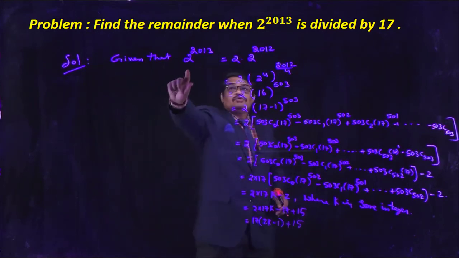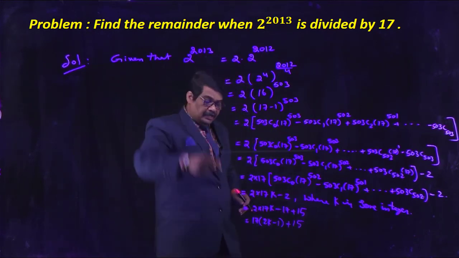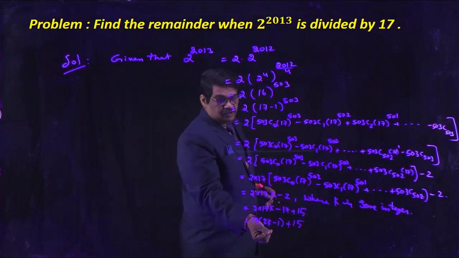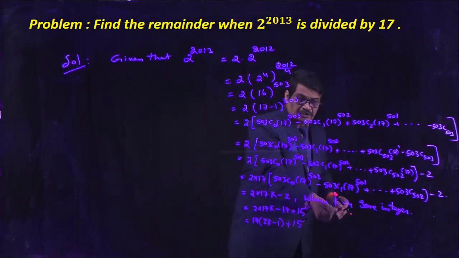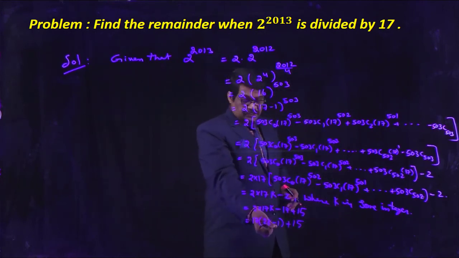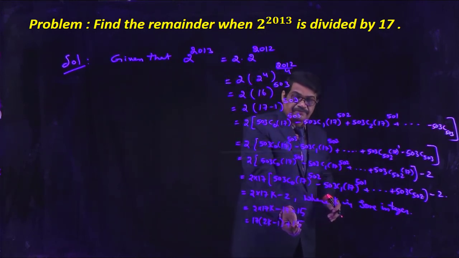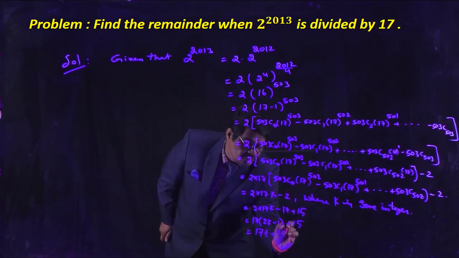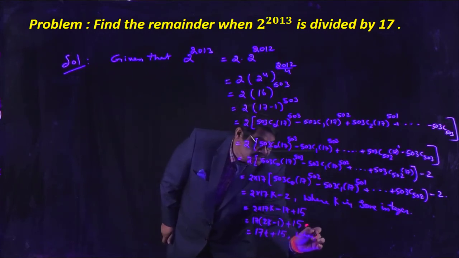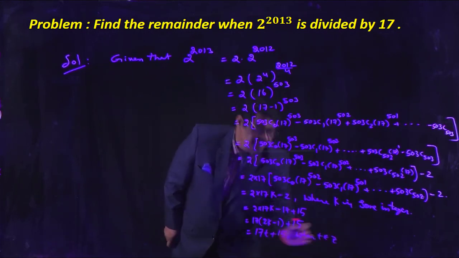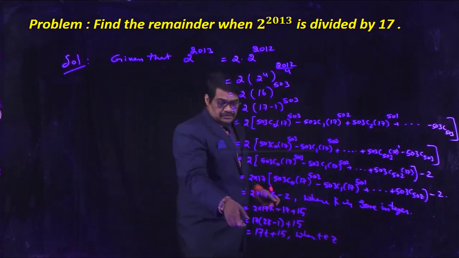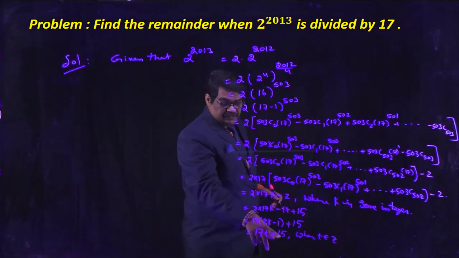So this 2 to the power of 2013 can be written as 17 into some integer, here 2k minus 1, where k is some integer, plus 15. That is 17t plus 15, where t is some integer. Now this number is written as 17t plus 15.